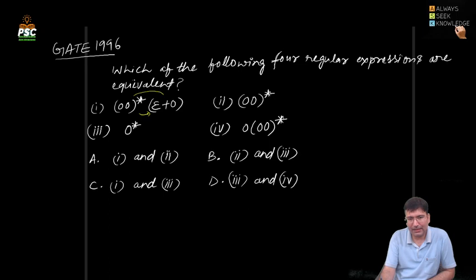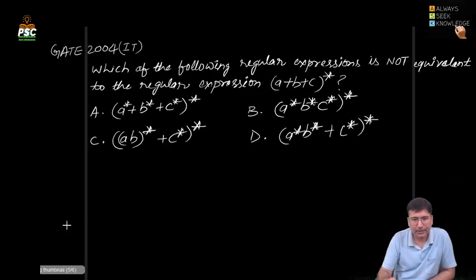And if you combine this thing with 0, it is going to give you odd times 0. So that means it is going to generate either even times 0 or odd times. So this is only going to generate even times, this is only going to generate odd times. That means this is generating all the things, even and odd both. So the answer should be C. 1 and 3 will be equivalent.